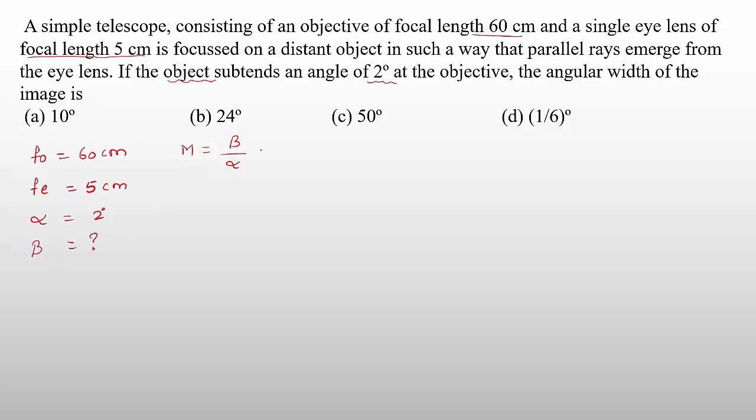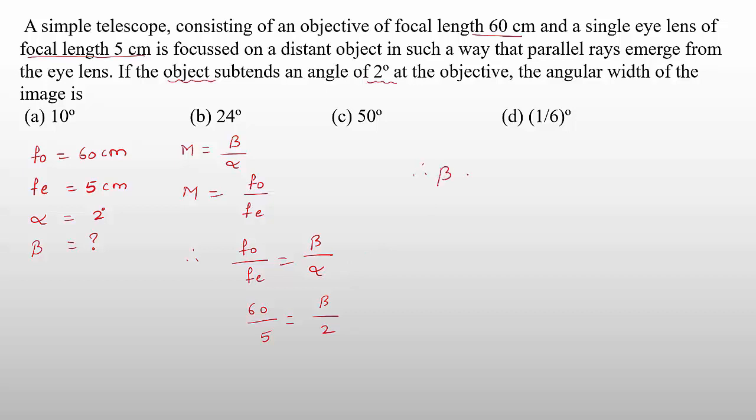Now we have the equation M equal to beta by alpha, or we can write it as M equal to focal length of objective with respect to focal length of eyepiece. So using these two equations we can write FO divided by FE equal to beta divided by alpha. Substitute all the values, then we will get beta. 60 centimeter divided by 5 equal to beta divided by 2.